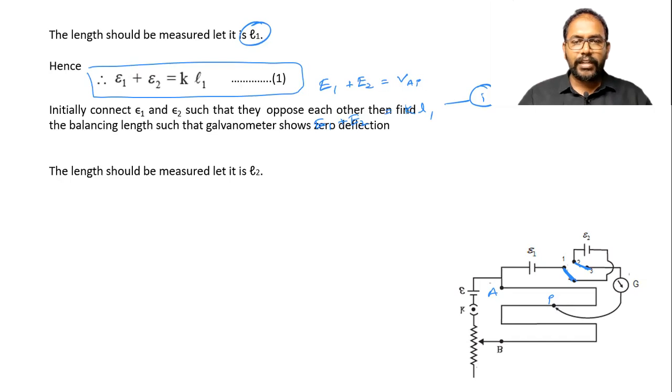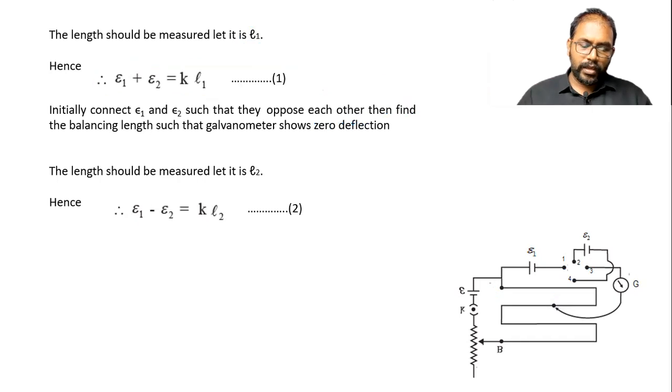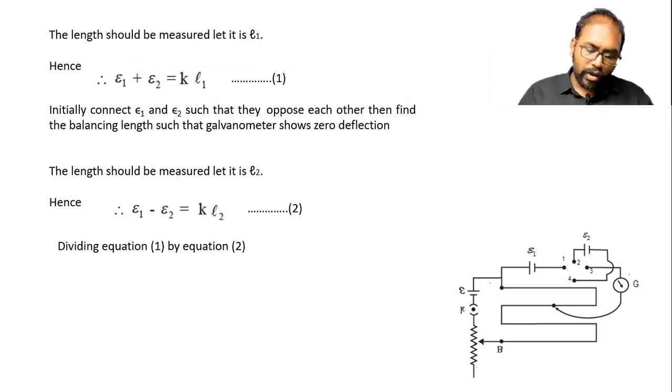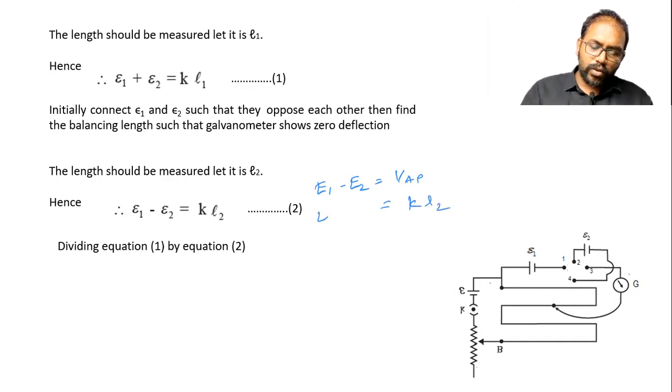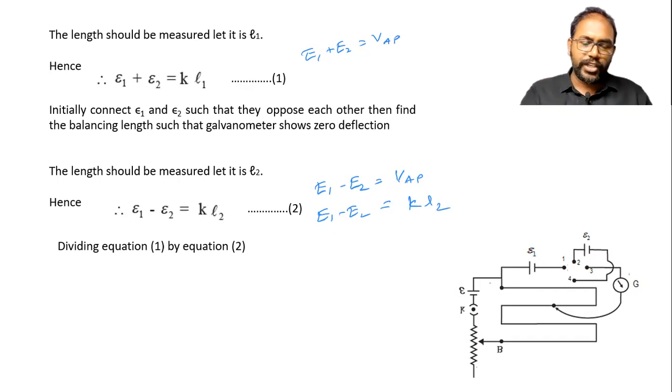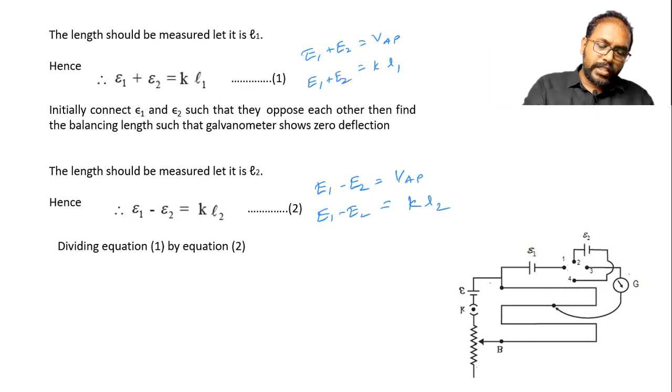Then we can write E1 minus E2 in the difference arrangement is equal to the potential difference across AP, or KL2. So E1 minus E2 is equal to KL2. Similarly E1 plus E2 is equal to V_AP, because E1 plus E2 balances this potential difference, so KL1. This is equation number 1 and this is equation number 2.